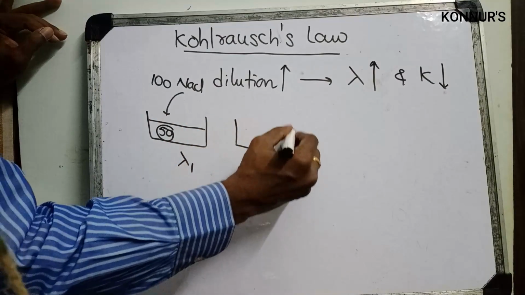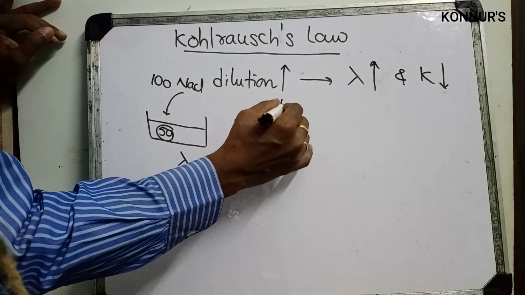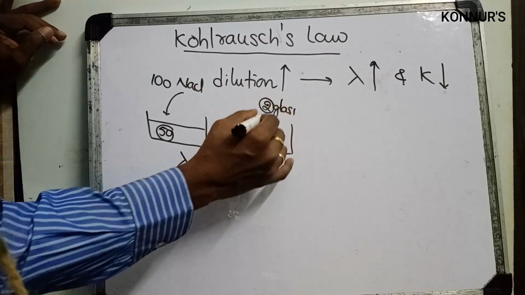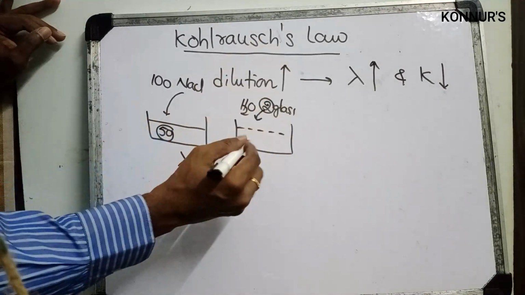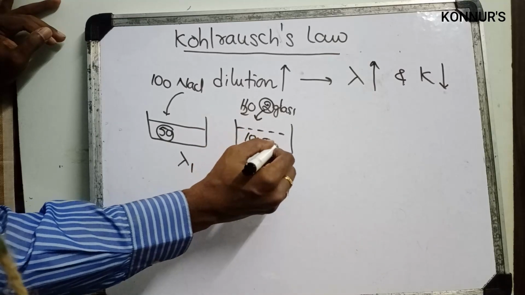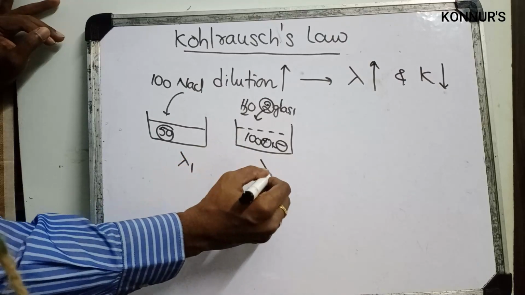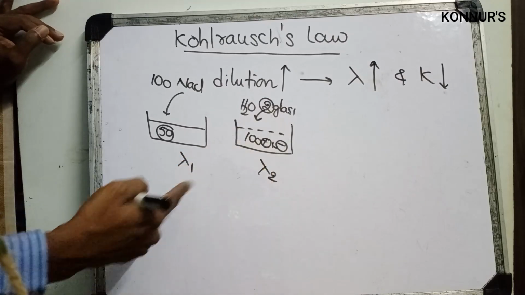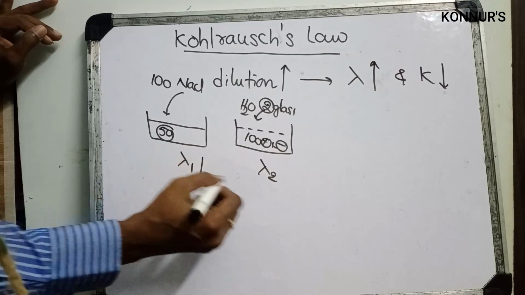Next I am adding 2 glasses of water. Then the other 50 also dissolve, so you get 100 positive charges and 100 negative charges. This conductance is lambda 2. Compared to lambda 2, lambda 1 is less.